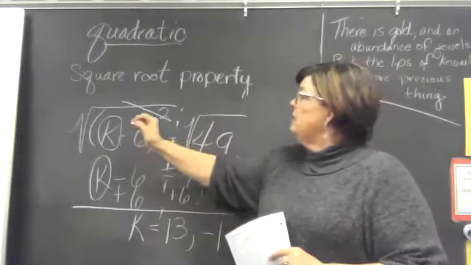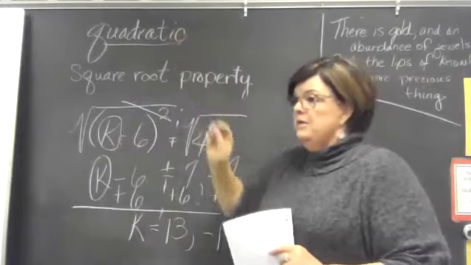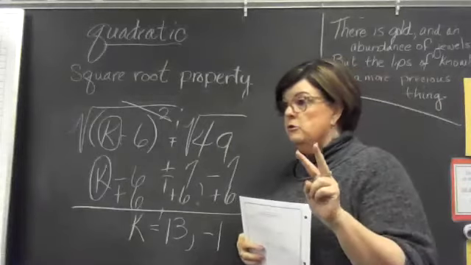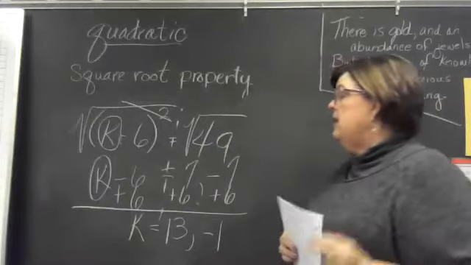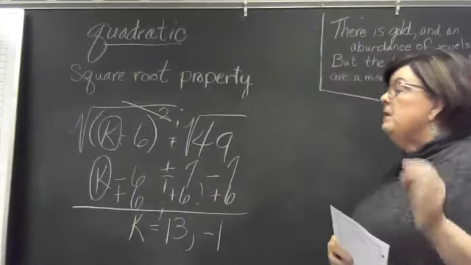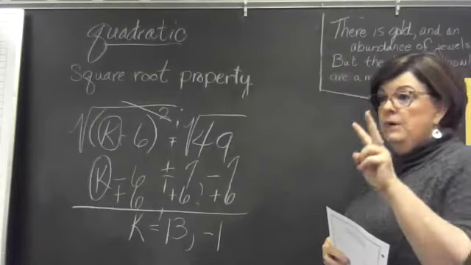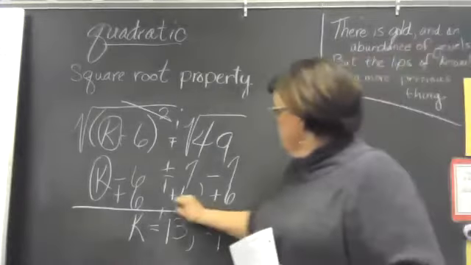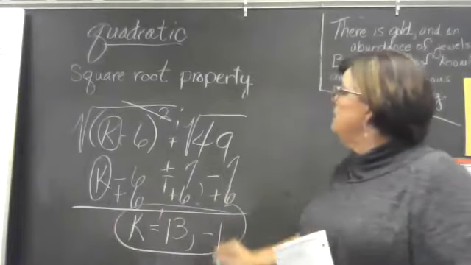A quadratic, so many times, not all the time, but most of the time, will have two answers. It can have one answer and it can have no solution like we just saw. But the majority of the time, you're going to have two answers on a quadratic. So here's the answer.